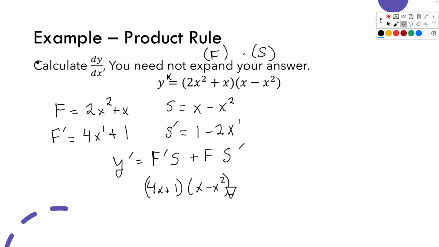Yeah, they're probably going to want us to FOIL this part out, but at the same time, we're getting a way to take the derivative that's a little bit better. And then the second part: we've got the first one unchanged, 2x squared plus x, times the derivative of the second, 1 minus 2x to the first.